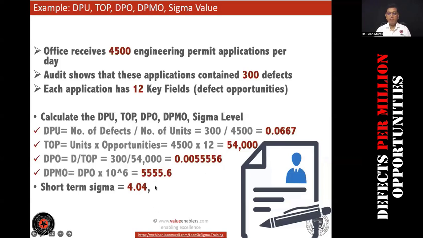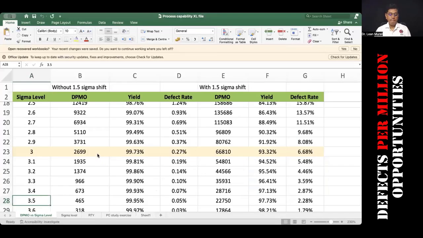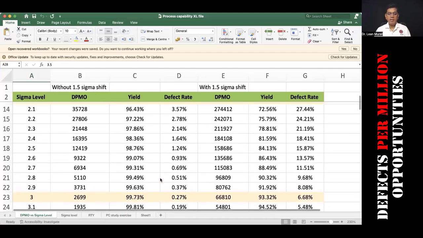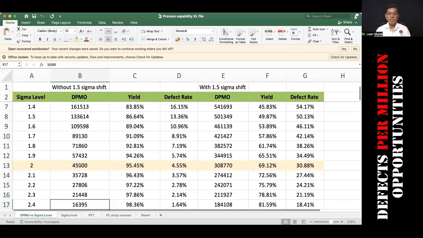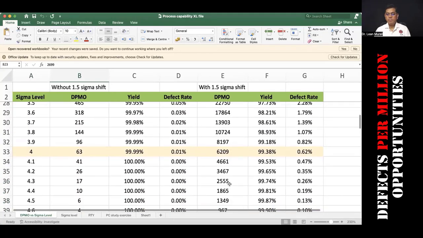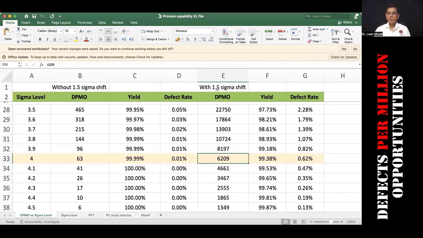Let me share with you the table. Now in the table, let's see the DPMO, which we saw as 5555 with 1 sigma shift. We have to see with 1.5 sigma shift. I'll explain later why.